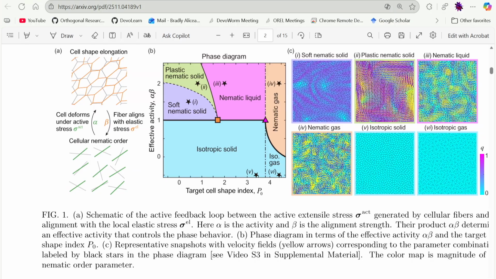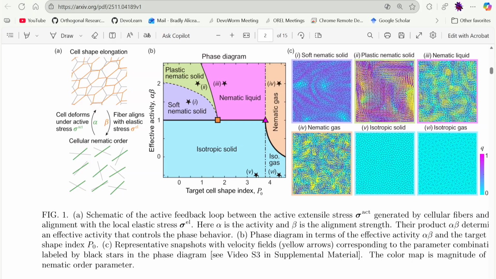B is a phase diagram where we have effective activity, alpha, beta on the y-axis, target cell shape index, P on the x-axis, and then the phases in this area. Isotropic solid, which is in the lower part of the diagram. Isotropic gas, I guess, and nematic gas above it. Nematic liquid above that.